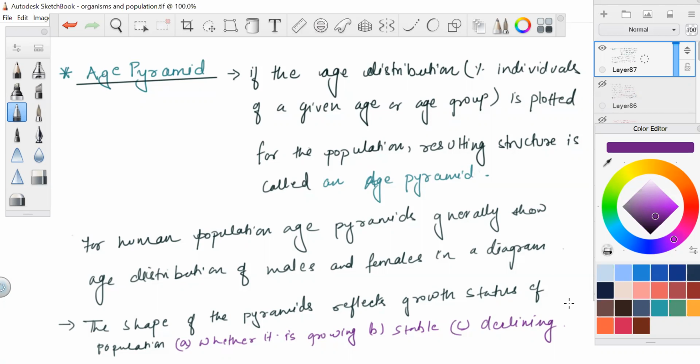So as per the shape, we will describe. We will see the diagram also, how the pyramids are there and how the shape will tell about the population growth status.